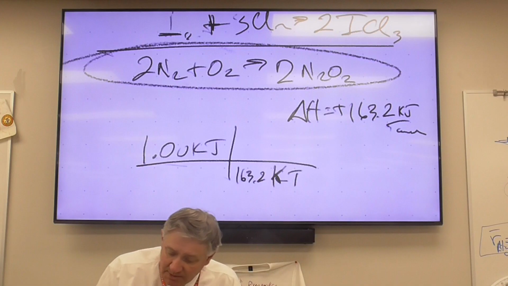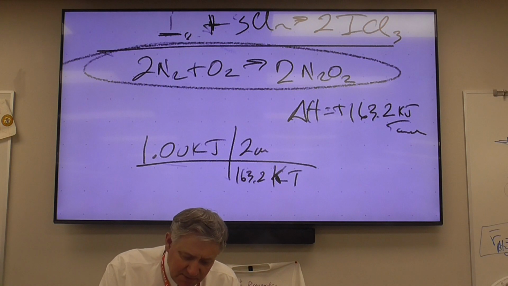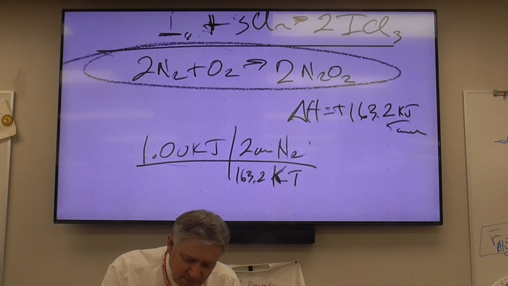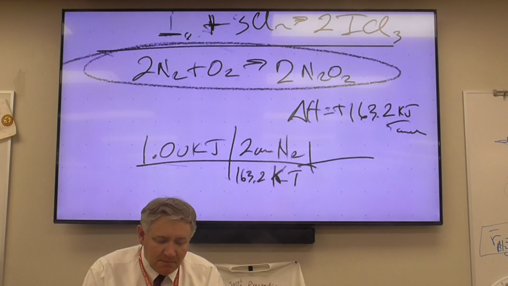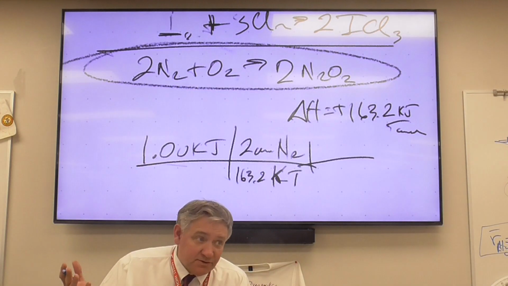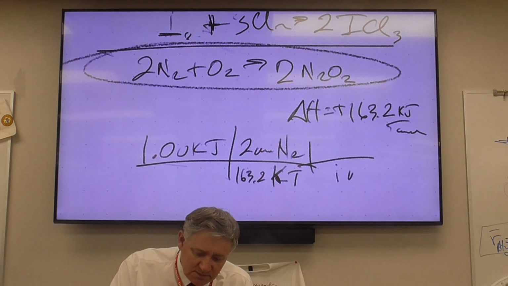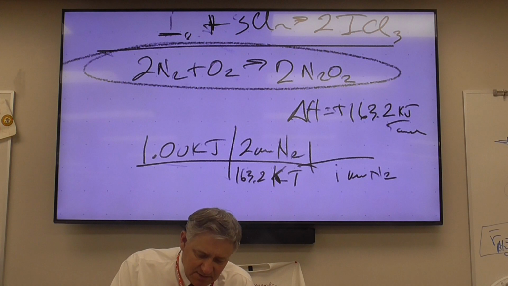So down here, you want to know how many grams of nitrogen. So up here, you need to put 2 moles of nitrogen. Now, if they just ask for moles of nitrogen, you could stop right there. You're done. But it asks for grams. So 1 mole of N2 is 28 grams.